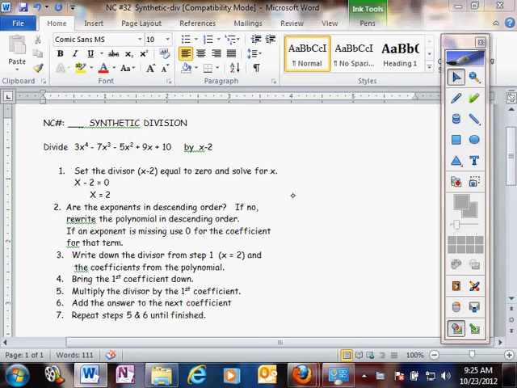Let's talk about synthetic division. We want to divide 3x to the fourth minus 7x to the third minus 5x squared plus 9x plus 10 by x minus 2.